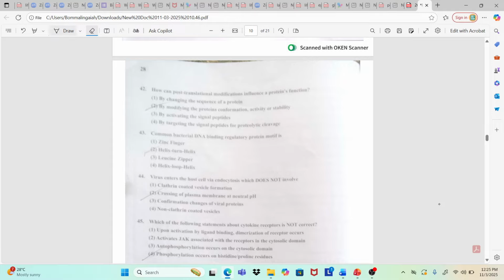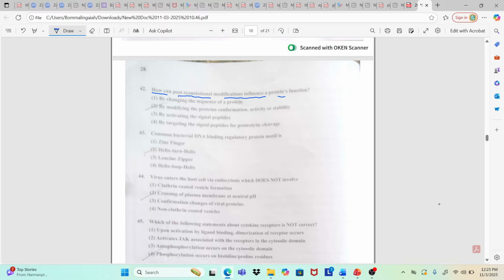The correct option for this question is: how can post-translational modifications influence a protein's function? The correct option is by modifying the protein's conformation, activity or stability.